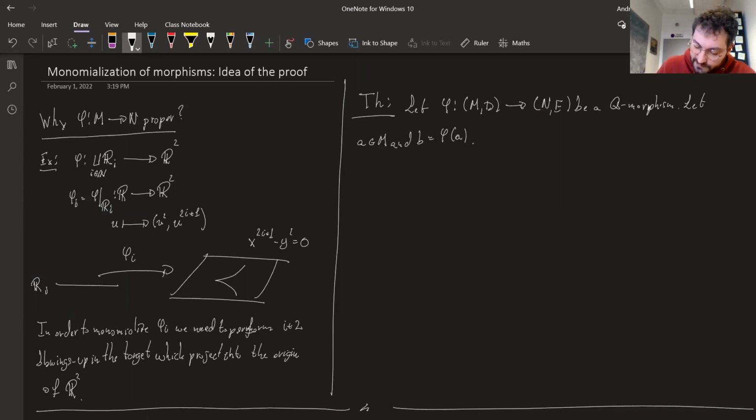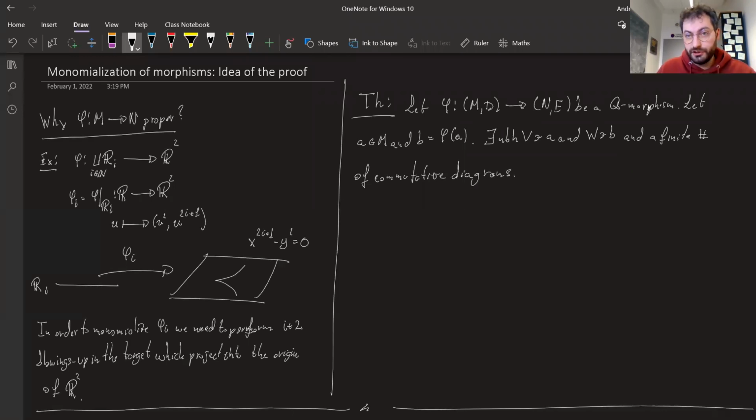Then what we can do is that there exists a neighborhood V of a, well, not only one neighborhood, and W of b, and a finite number of commutative diagrams. It's going to be a local version of the resolution of singularities locally at a and b.